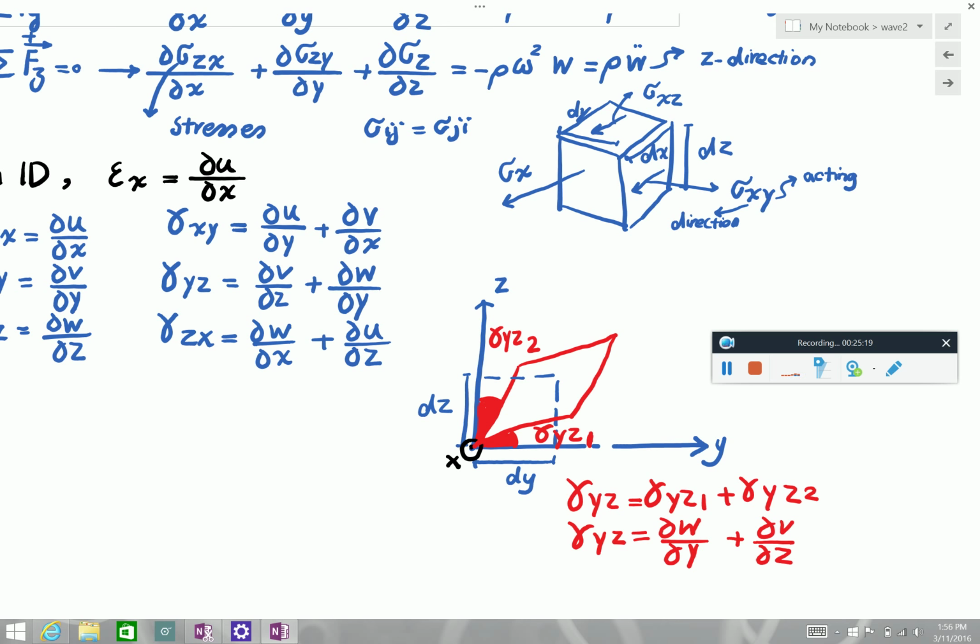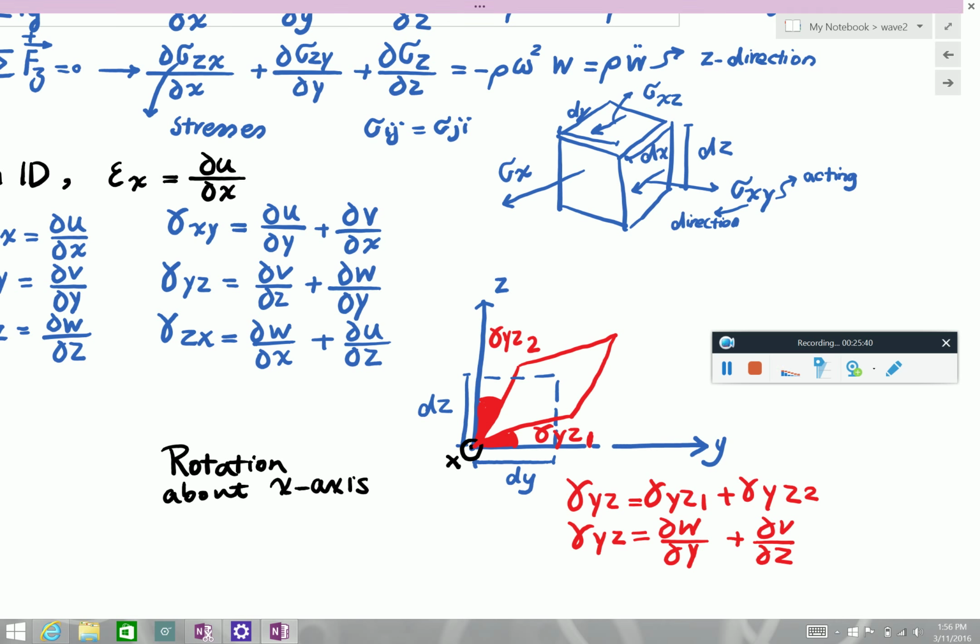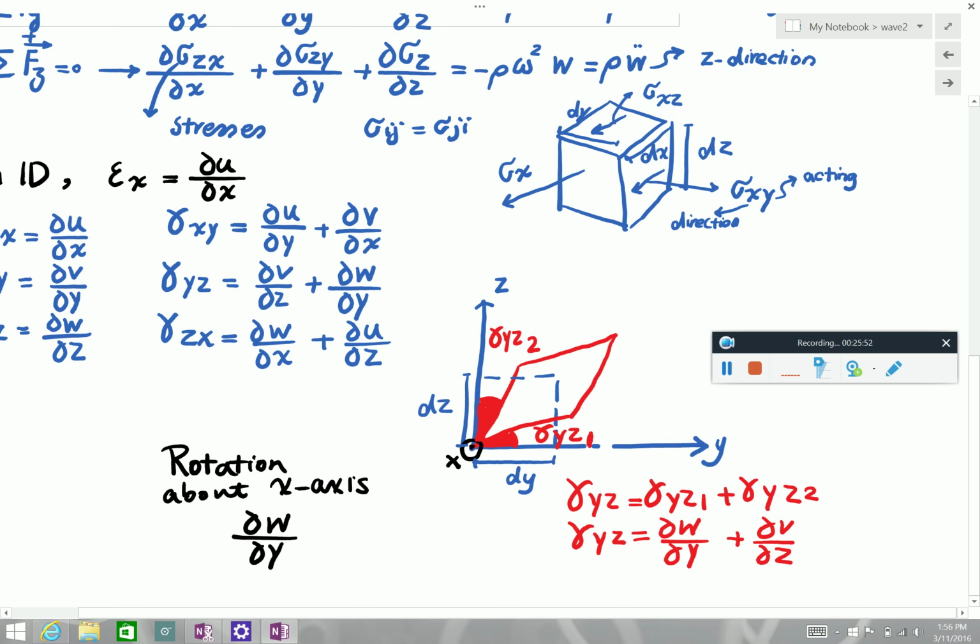In one direction or the other. So here, for example, rotation about x-axis, you can see that we can define it as the derivative of w with respect to y, which is gamma yz 1 pretty much, minus the derivative of v with respect to z.